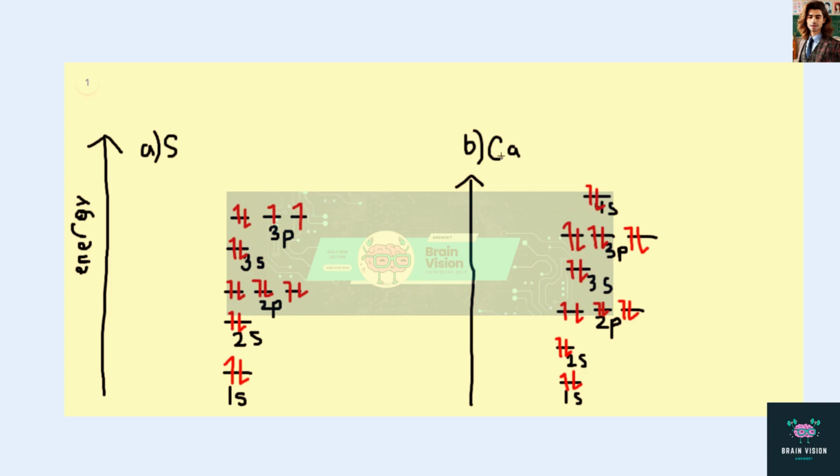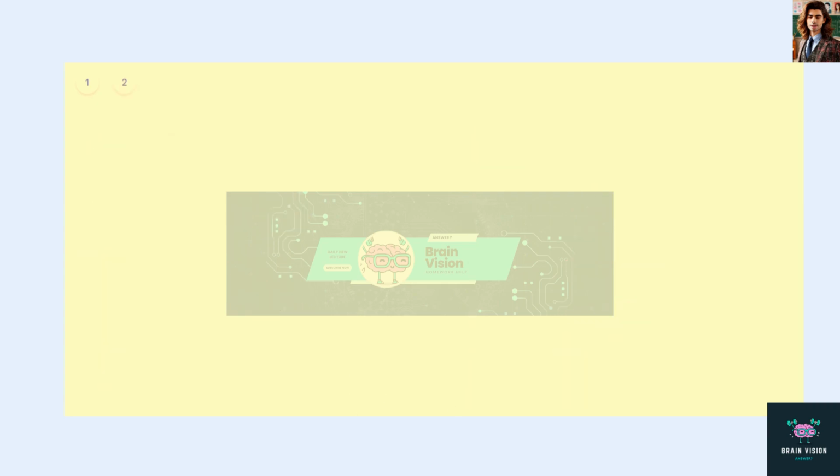As you guessed, calcium ends up with the 4s2 orbital filled. I'm going to go to the next page to do the next ones.